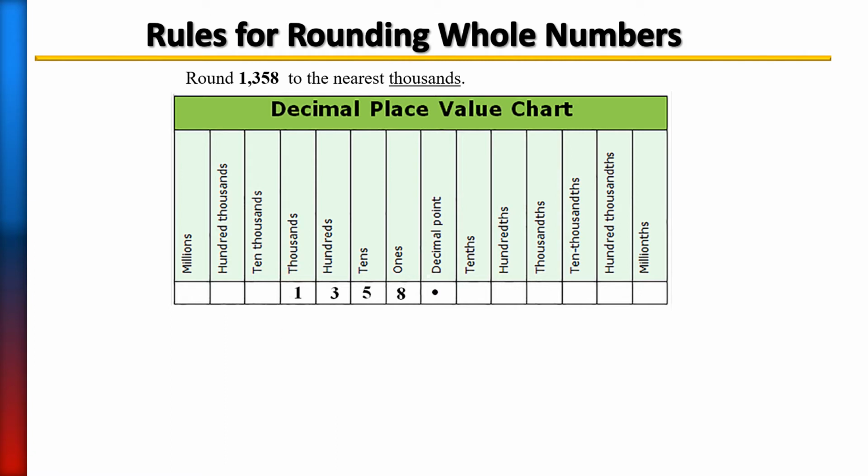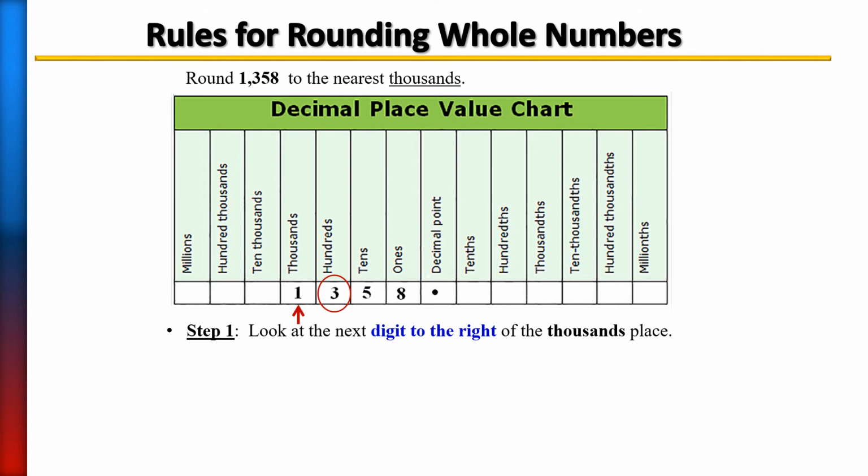So again, we want to round this number to the nearest thousand, and the thousands place would be right where the 1 is located. So step 1, we want to look to the right of that number, which in this case is the 3. And then we're going to use the rule.